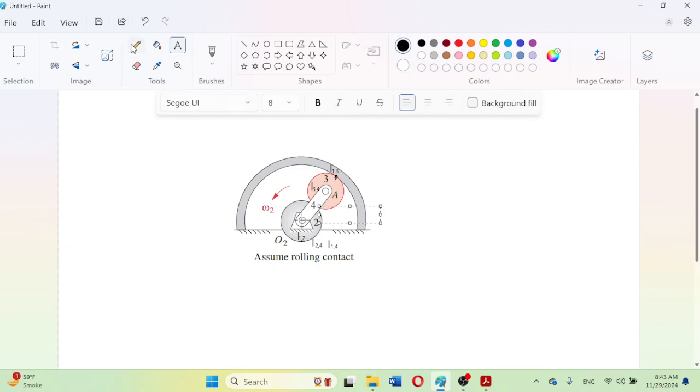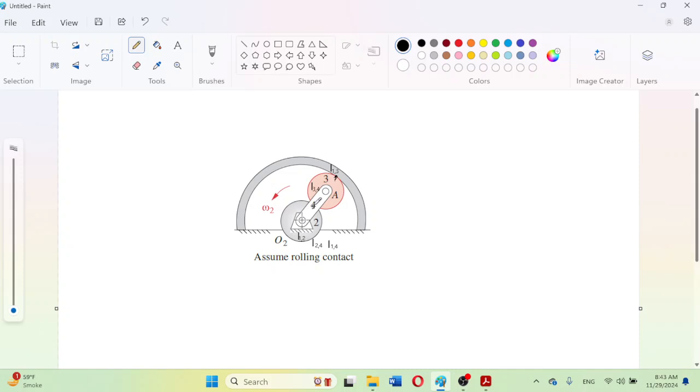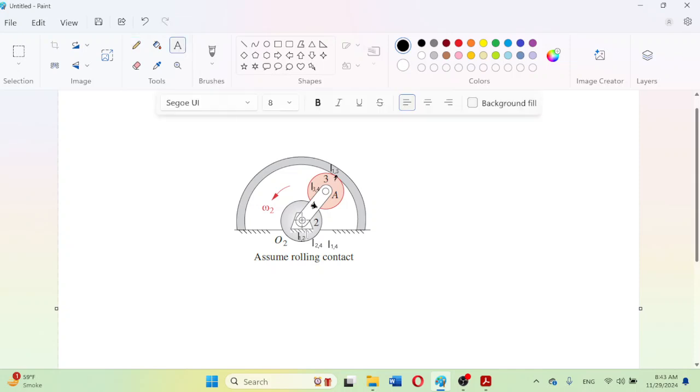So I can just mark it here. The point will be somewhat here. This will be the contact point behind this bar. So this contact point will be the sixth or last instant center. Instant centers can be calculated in any order.